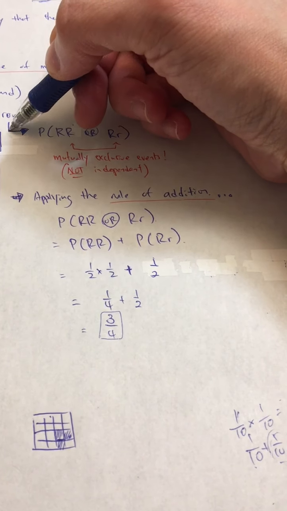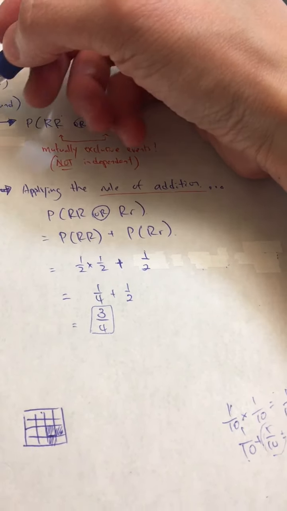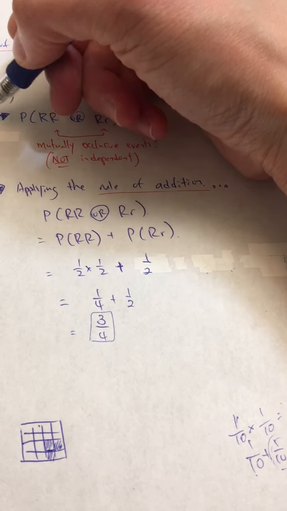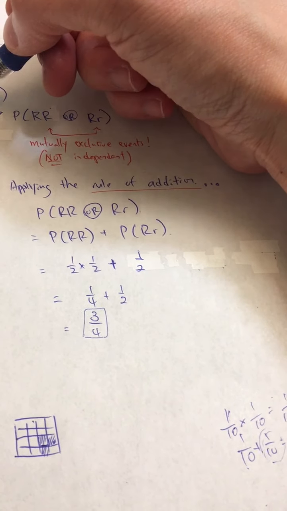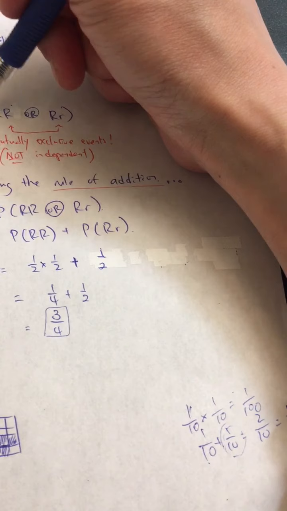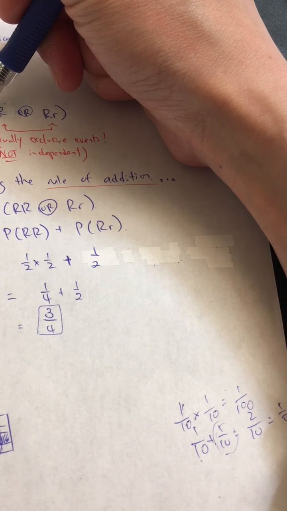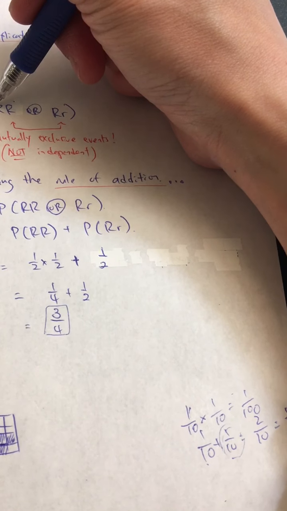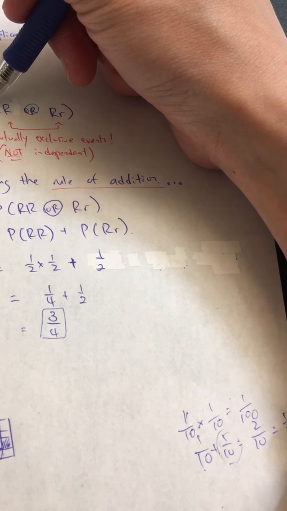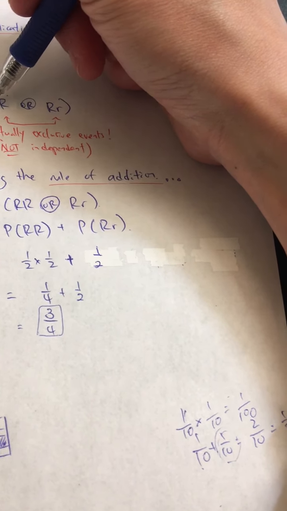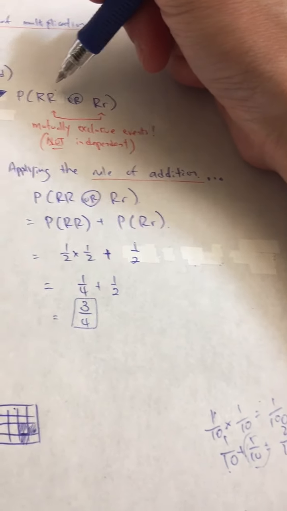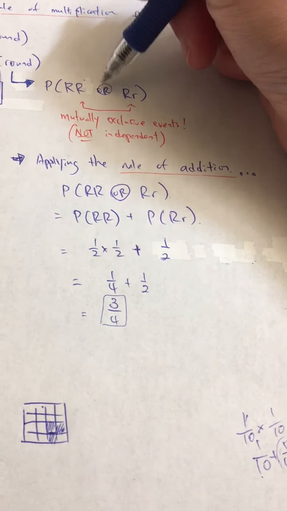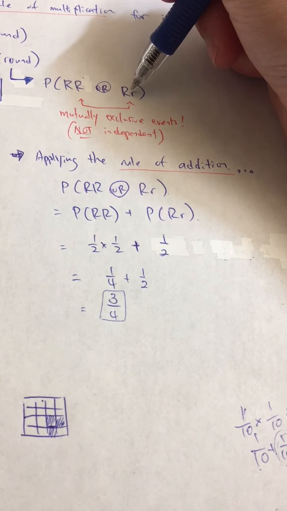Now, slightly more complicated is calculating the probability of the offspring being round. Knowing that the round allele is dominant, we're looking at the probability of the genotype being either big R, big R, or big R, small r.